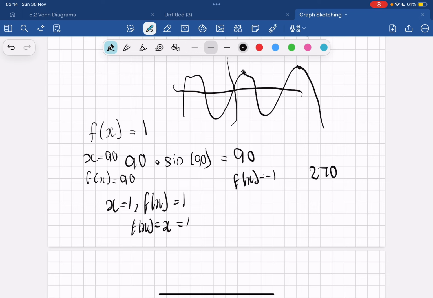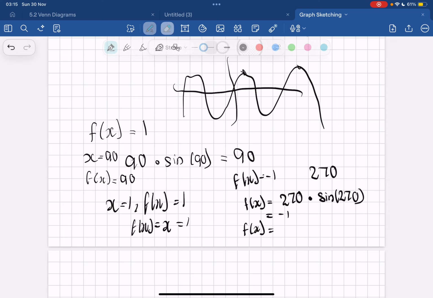Right, so if you've got f of x equals 270 times sine 270, which equals minus 270. So we've got f of x equals negative x, where f of x equals negative x when sine x equals -1.